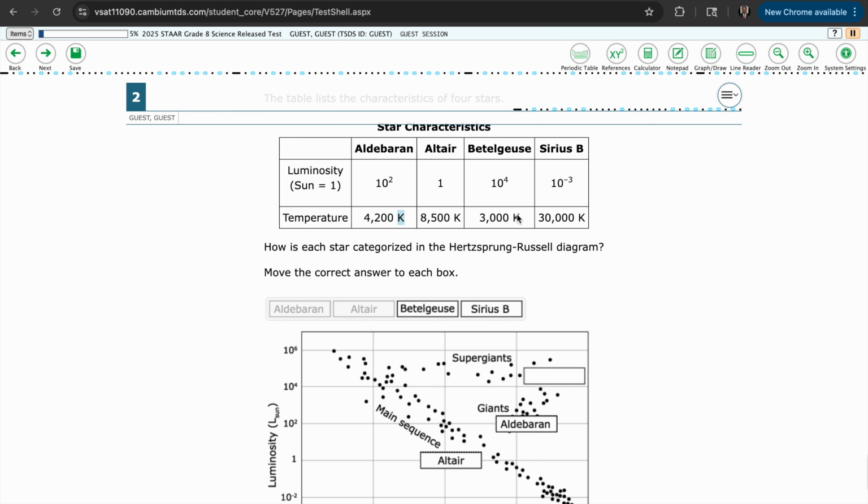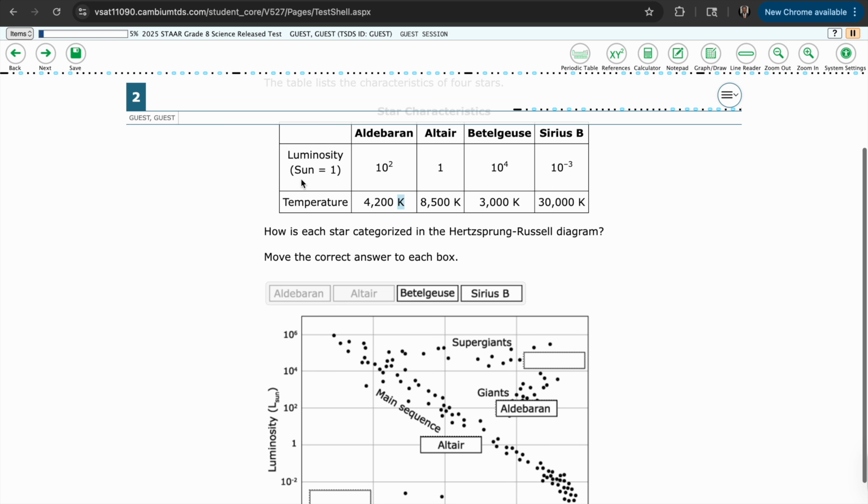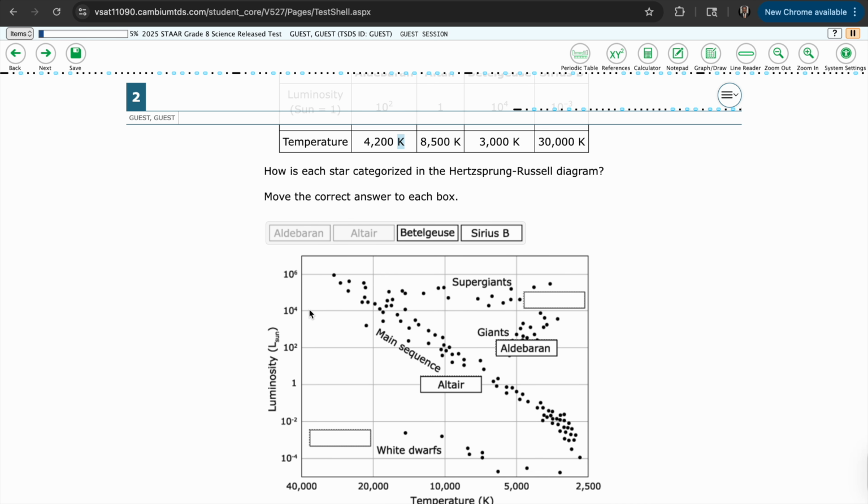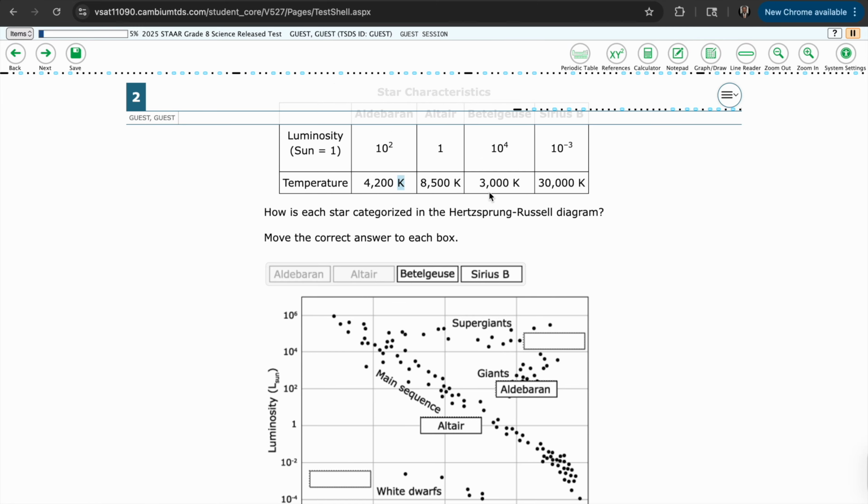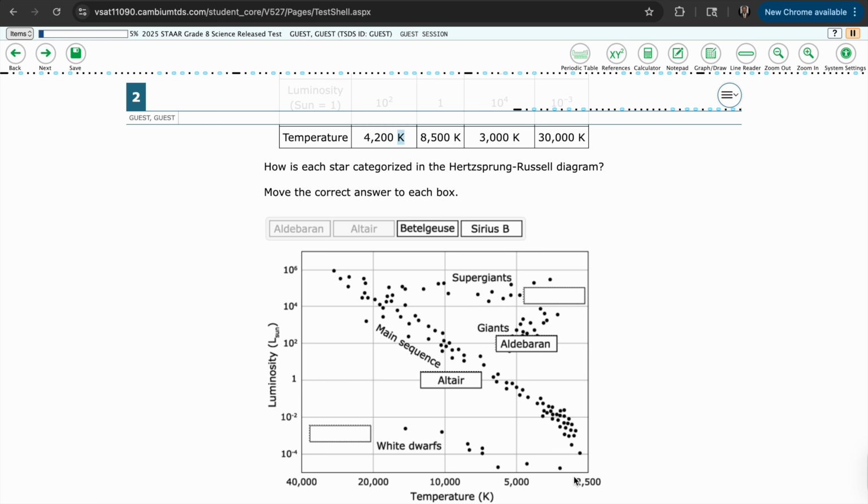These are some weird names. Okay, luminosity is 10 to the 4. Temperature is 3,000. So probably around right here. 10 to the 4, 3,000 right here. So this is where Betelgeuse would go.